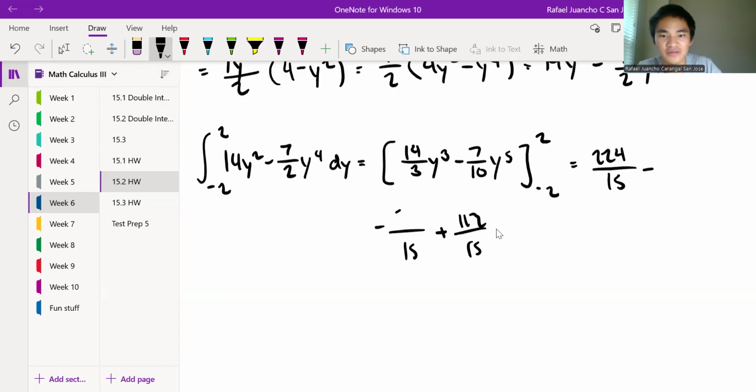Oh, no, this was the 336 one. Cool. Now I subtract both of them. This has a different number, so this is negative 224 over 15. So actually add these two, 336 over 15.